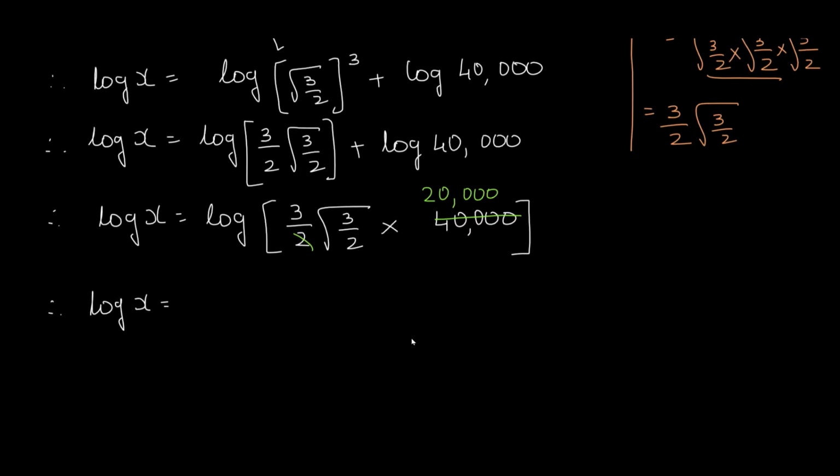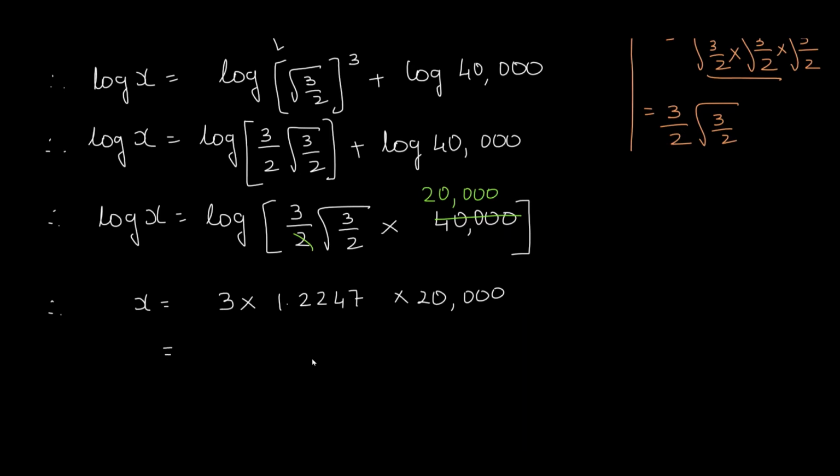Now there is no need to write log, because on both sides the logs can cancel out, and therefore we have x is equal to 3 into 1.2247 into 20,000. First we can multiply 1.2247 with 20,000 and then multiply that number with 3.